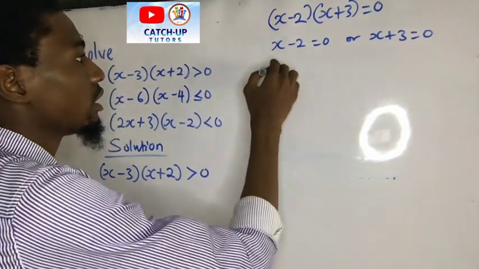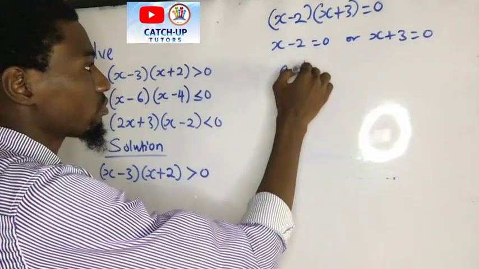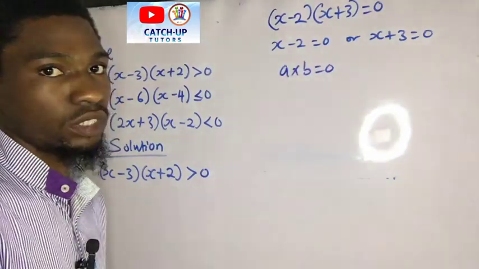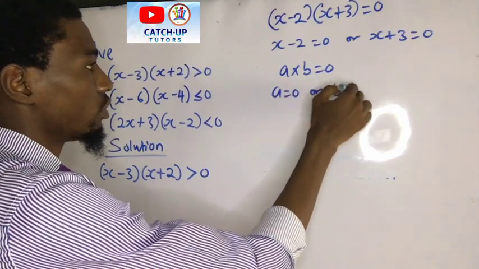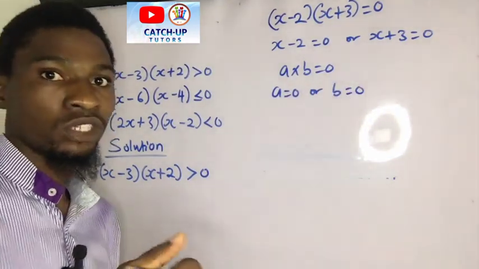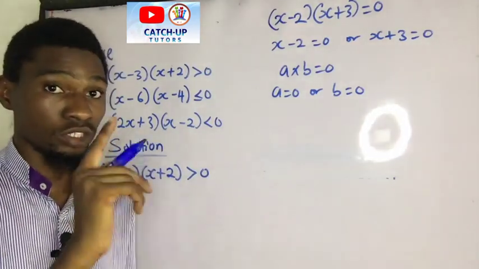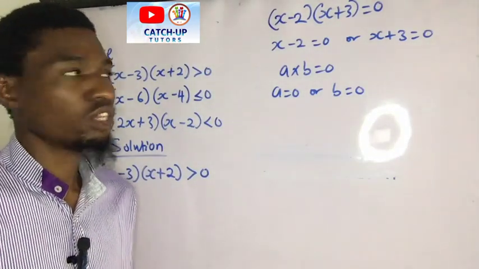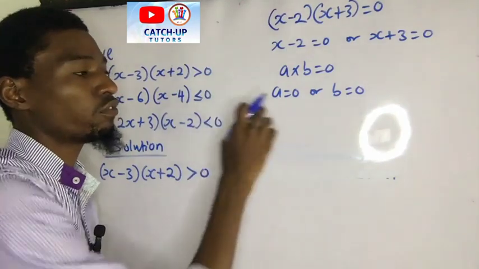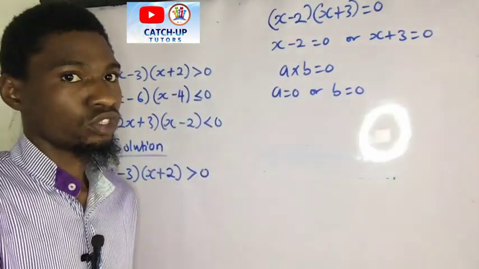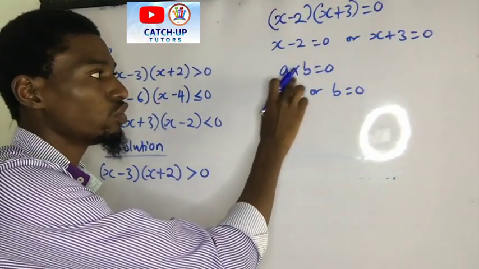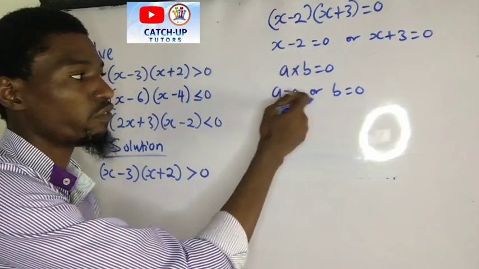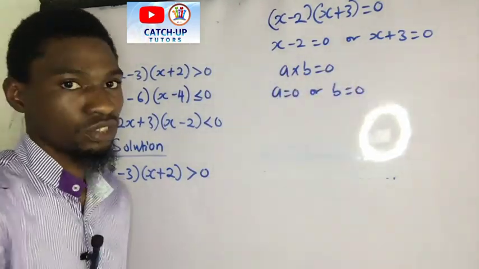The rule is that for a times b to be 0, it's either a equals 0 or b equals 0. For the product of two numbers to be 0, one of the numbers must be 0. It is not compulsory for both numbers to be 0. The only condition is that one of these two numbers must be 0. So that is why we have a equals 0 or b equals 0.